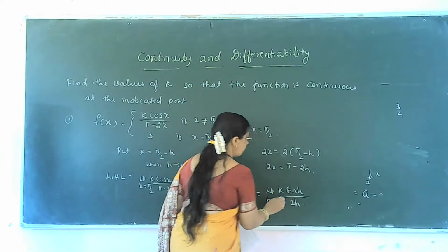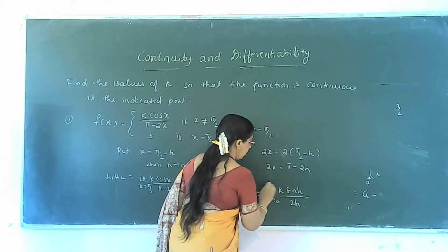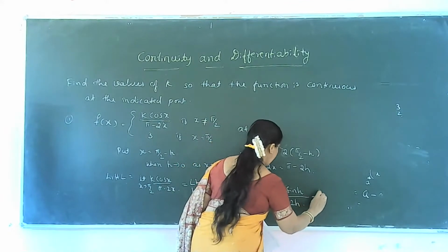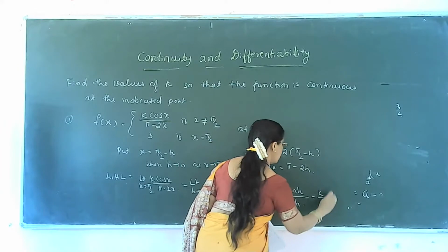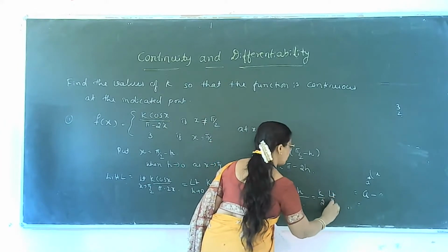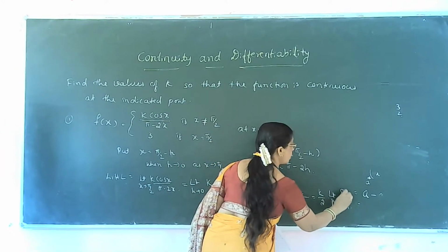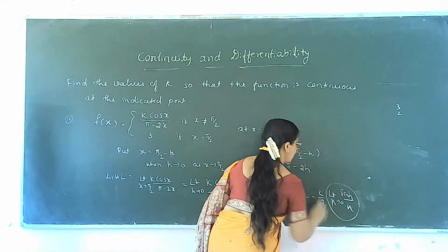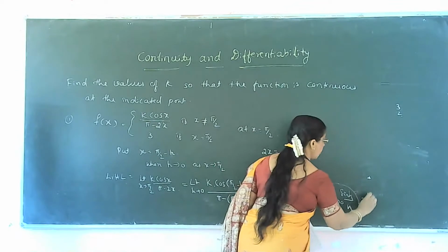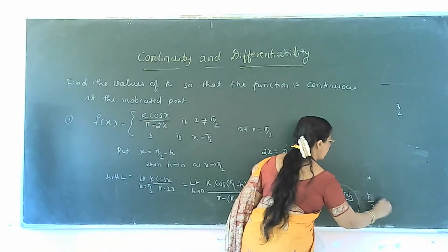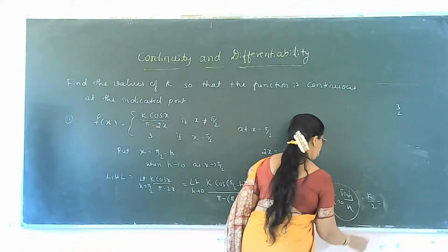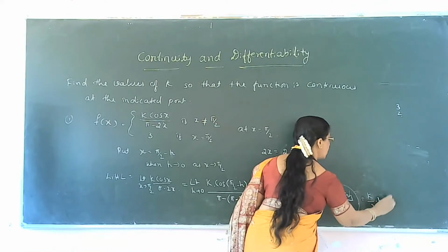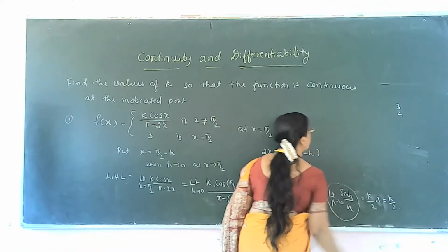Here k by 2 is a constant. Limit of h tends to 0, sin h by h, is equal to 1. Therefore, it is k by 2 into 1, which is equal to k by 2.